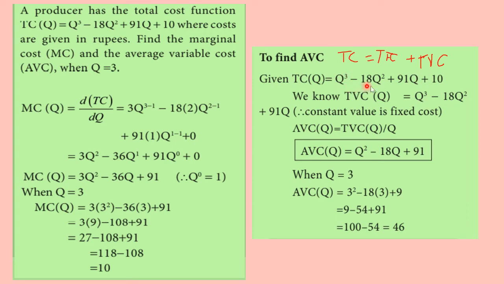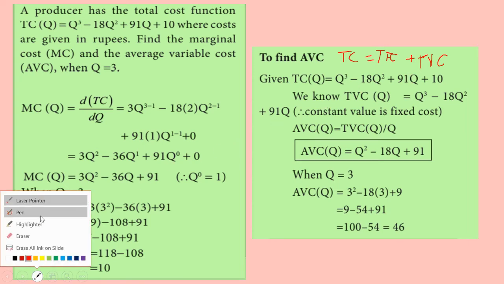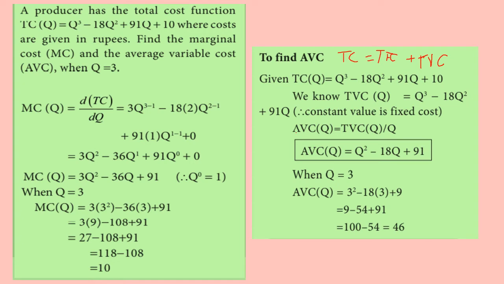Q3 minus 18Q square plus 91Q is variable because we have a variable here. Q is a variable. Sometimes it will be X, sometimes Y or R, S. These are called variables. So this is a variable cost. The first part of the total cost is the variable cost, up to this point.